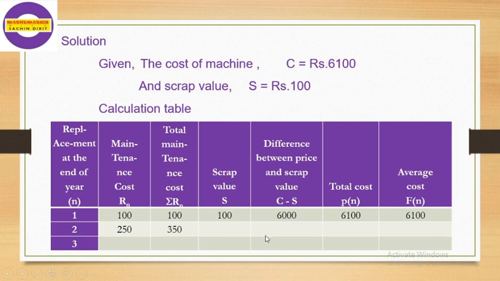Again the scrap value is 100 and the difference between price and scrap value is 6,000. Now we add C minus S and the total maintenance cost, 350 plus 6,000, and we get 6,350. That is the total cost.